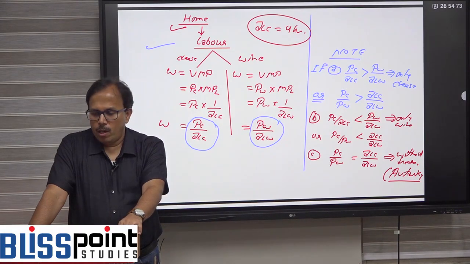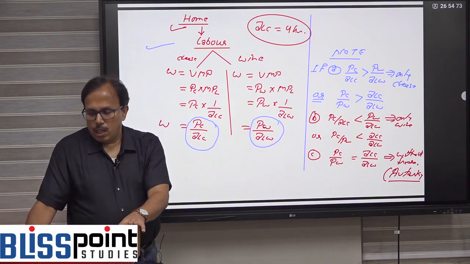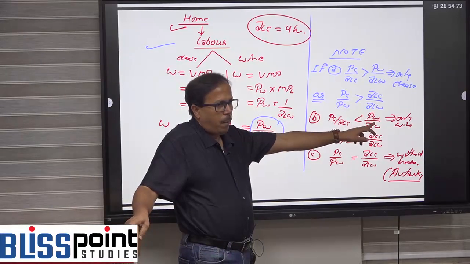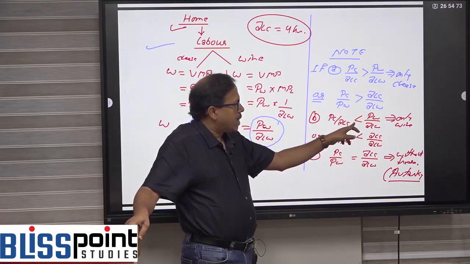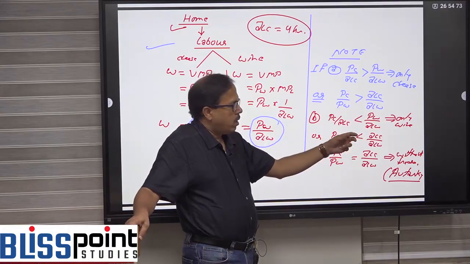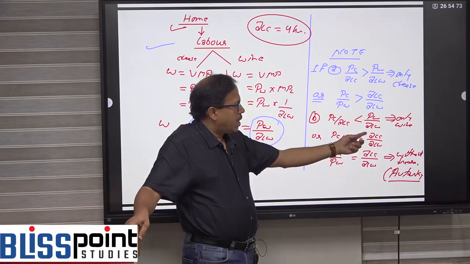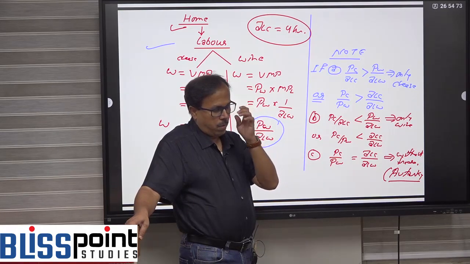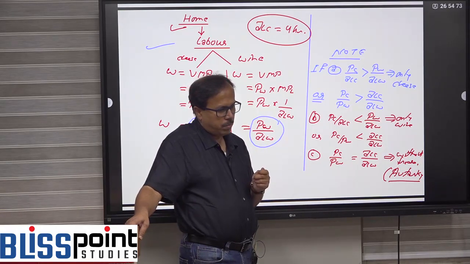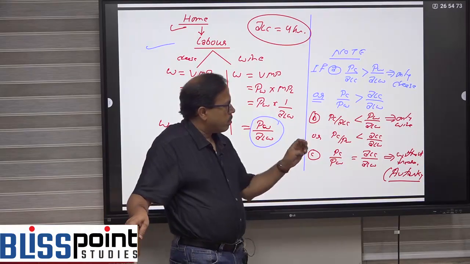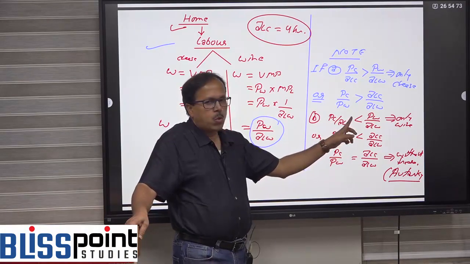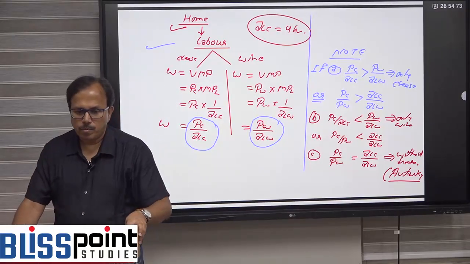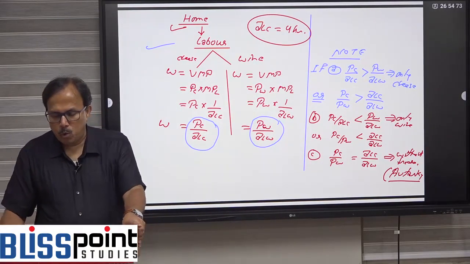Second, B: if PC by ALC is less than PW by LW, or PC by PW is less than ALC by LW, then the country will produce only wine.